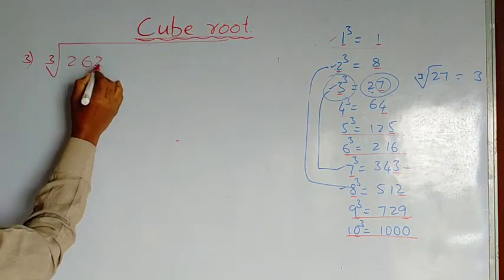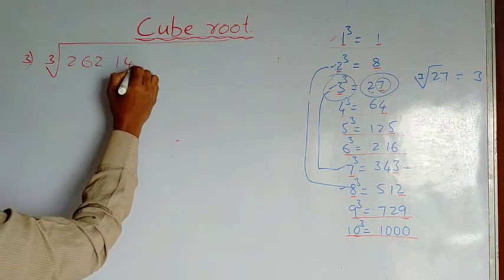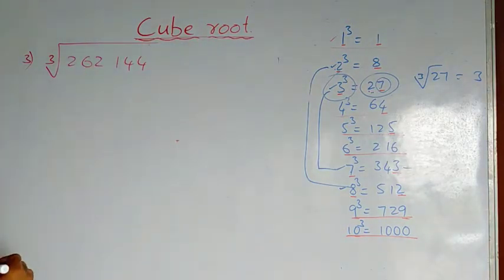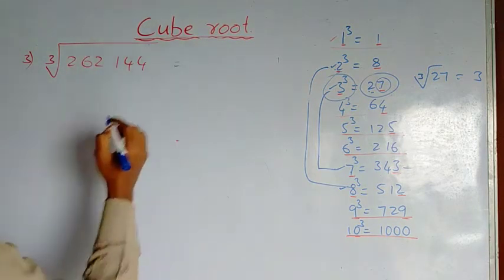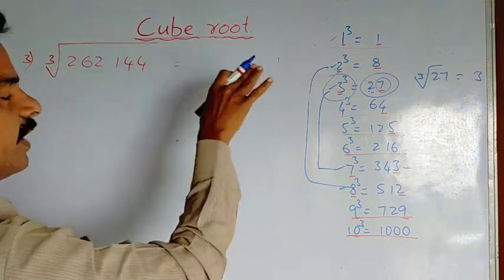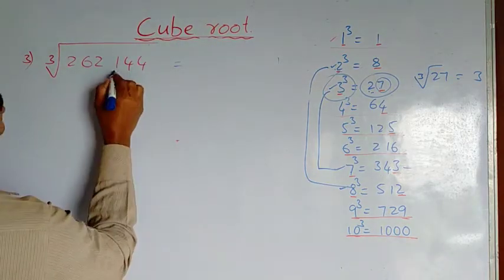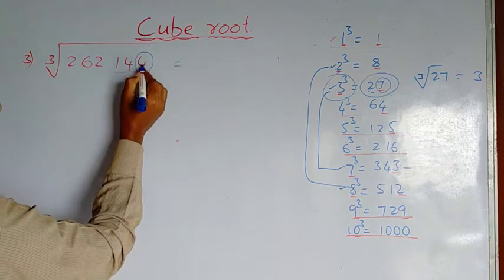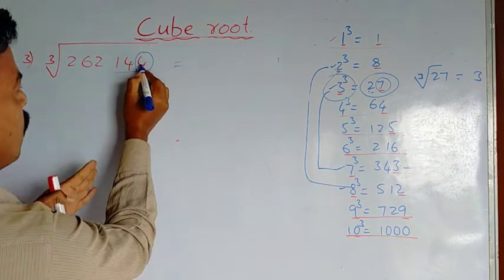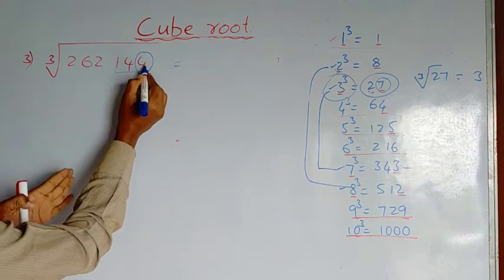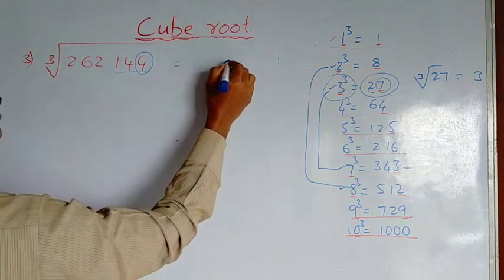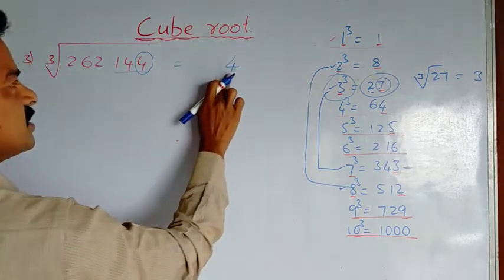Let us take one more example: 262144. We try to write it in one step only. First, the ones place digit is 4. If a cubic number ends with 4, its cube root also ends with 4. So the units place digit came.